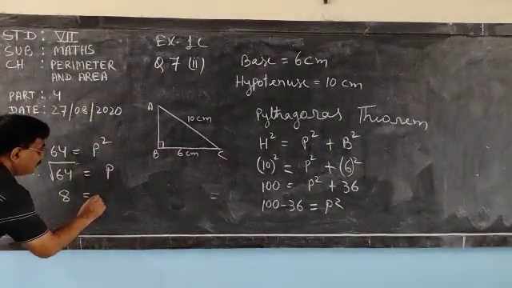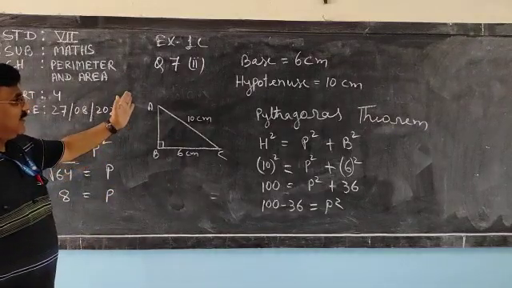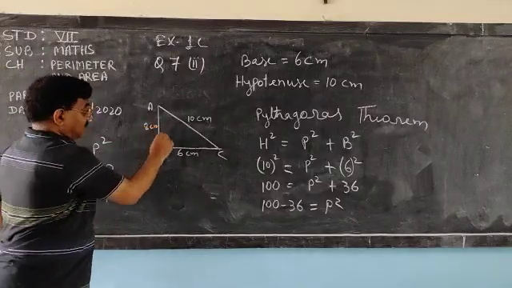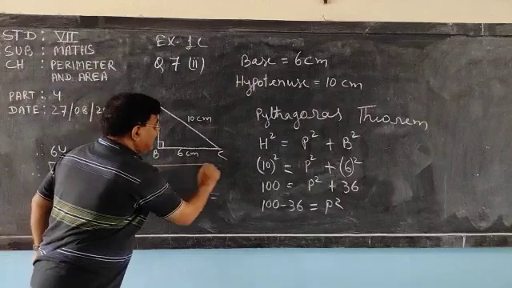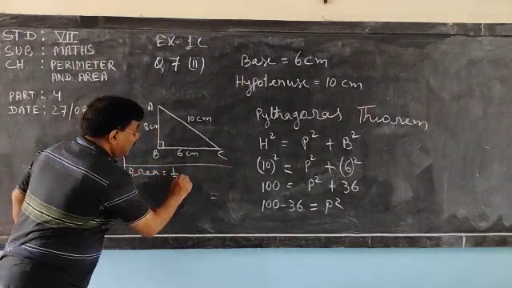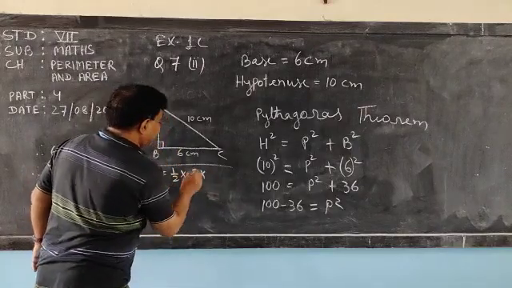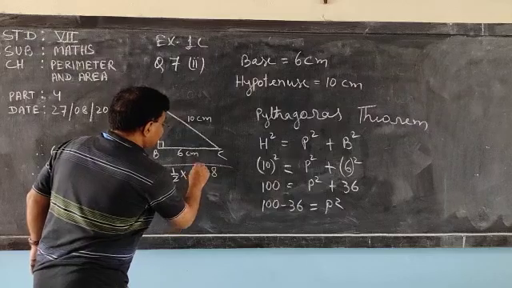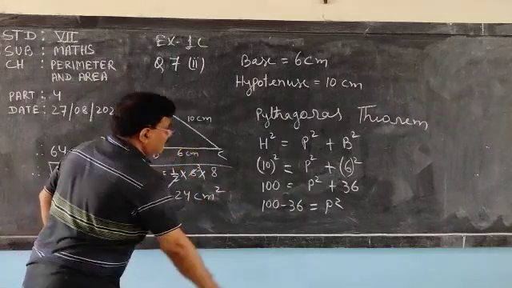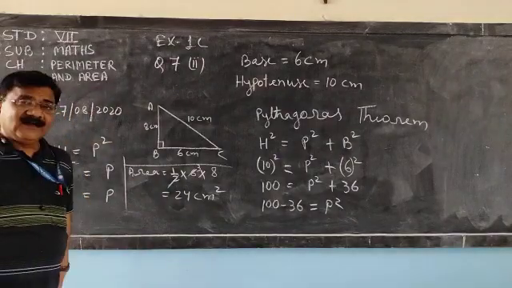So p is equal to 8. Therefore the perpendicular is 8 centimeter. Now we can easily find the area, which is half into base, base is 6, into height 8. 2 3s are 6 and 8 3s are 24 centimeter square. Understood or not? And that is the answer.